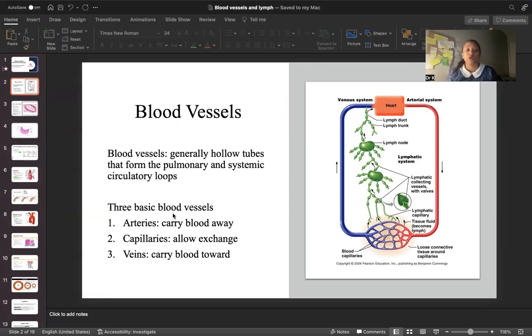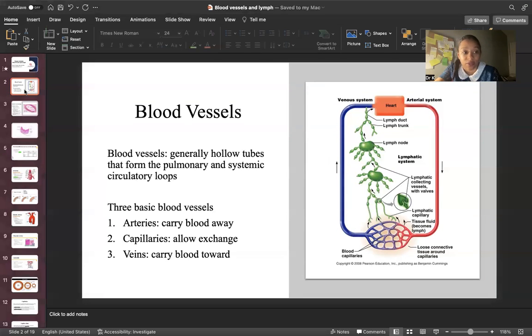Your veins are going to carry blood towards the heart, because once it supplies the oxygen rich blood, it's going to enter the capillaries, and we'll talk all about that. And then you'll have the deoxygenated blood that's going to come back around to the venous system, to the heart.